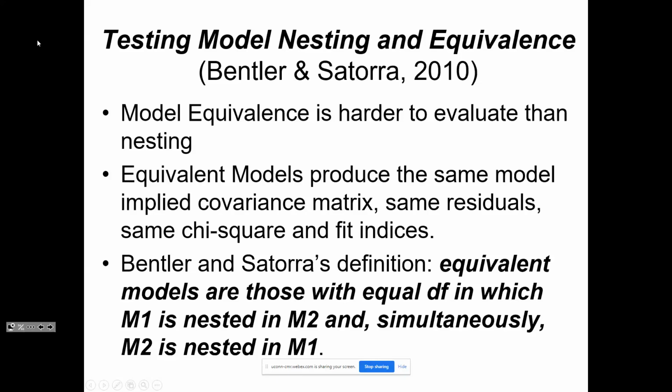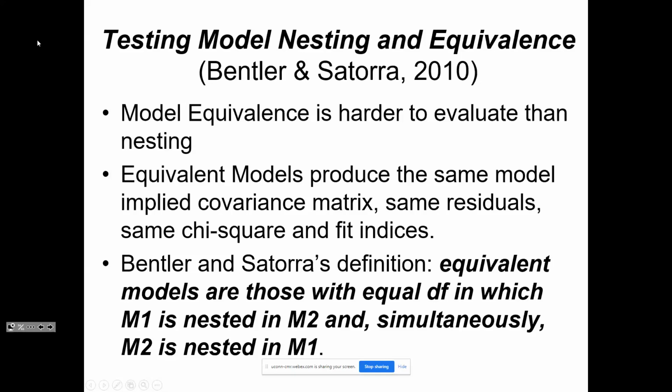Let's just remember that when we talk about a model being equivalent, that really means that the two equivalent models should produce the same model implied covariance matrix, which means they're going to produce the same residuals, which means they're going to produce the same chi-square and fit indices, right?